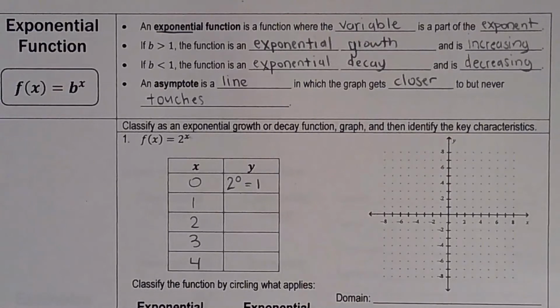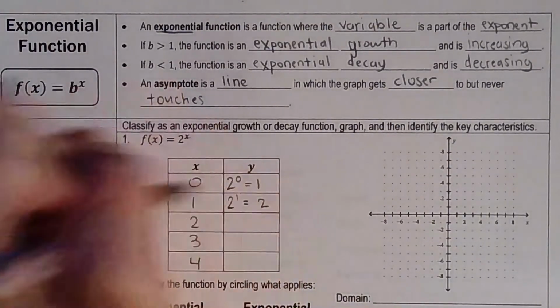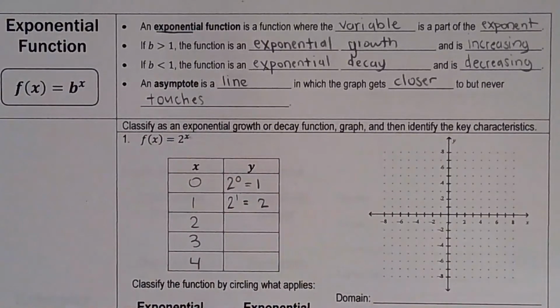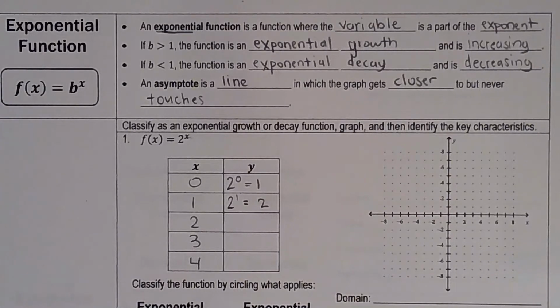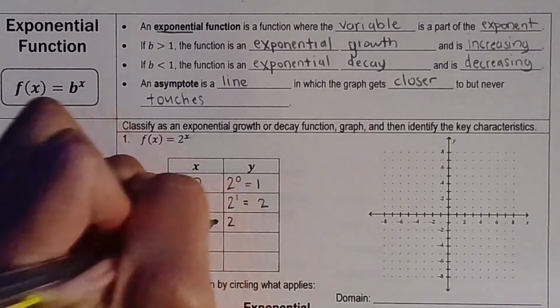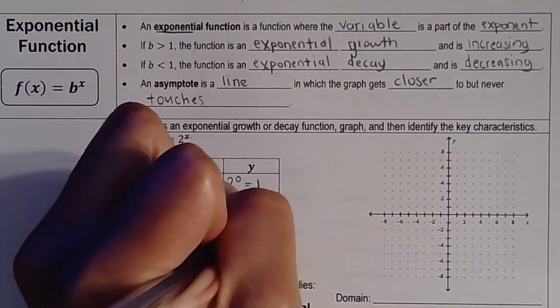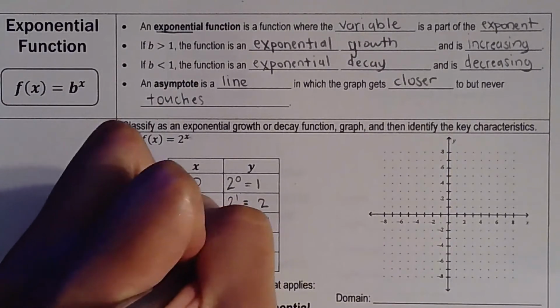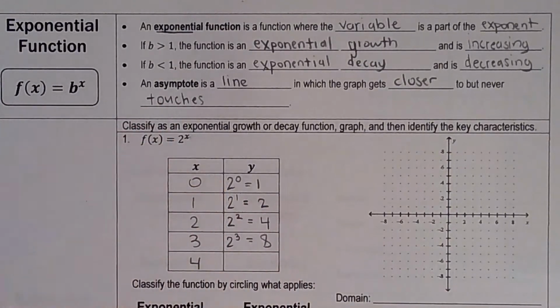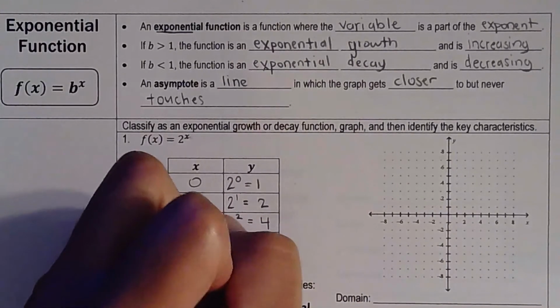If x is 1, that's 2 to the first power, which is 2. If x is 2, that's 2 squared, which is 4. 2 to the third power is 8. And 2 to the fourth power is 16.